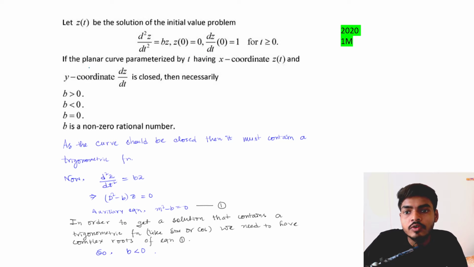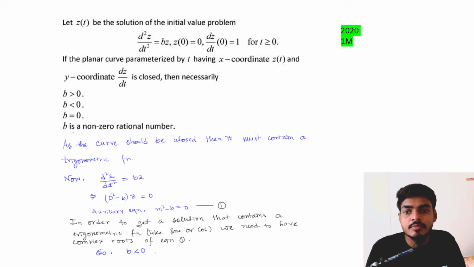If the planar curve parameterized by t, having x coordinate z(t) and y coordinate dz/dt, is closed, then what necessarily would be the nature of b?